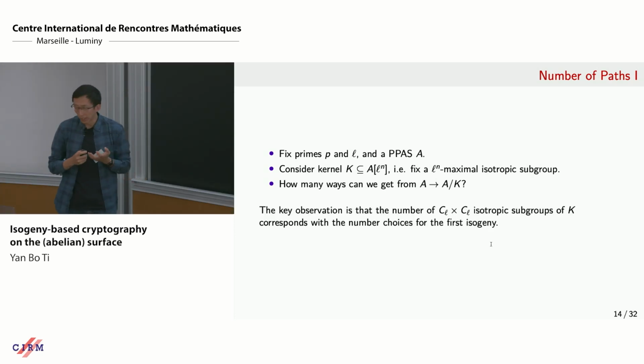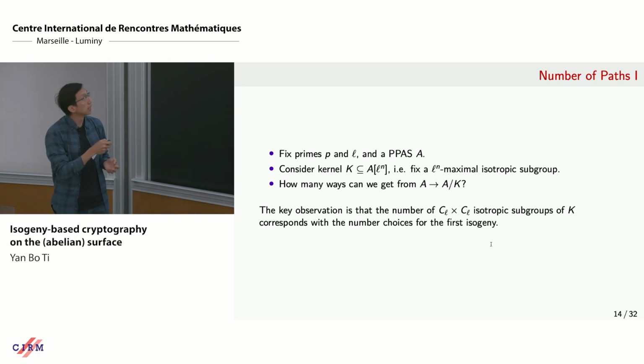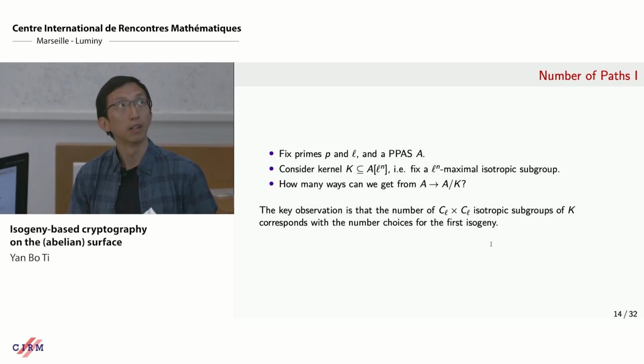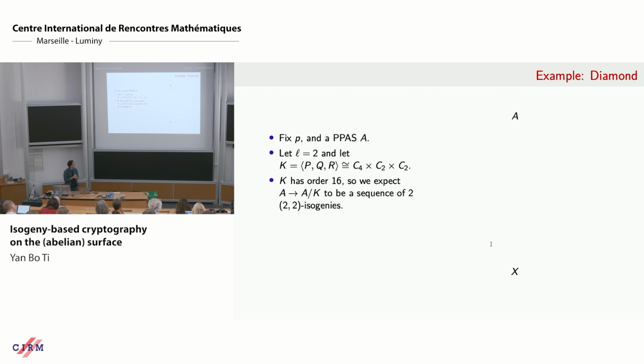The key observation is that you need to understand how many different ways C_L cross C_L can go into K. So this really depends on the subgroup structure of K, or rather the group structure of K. I'll give you a simple example. You pick some p, you pick some A, and you fix them.